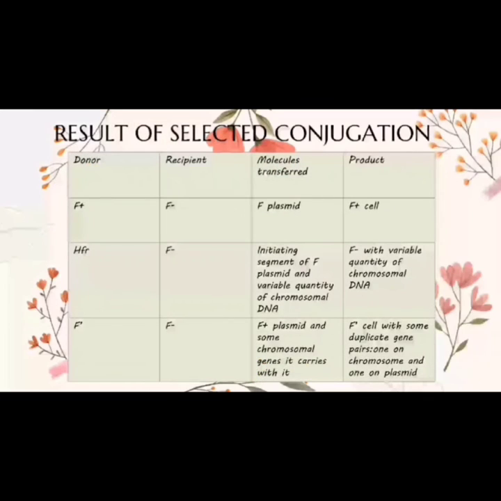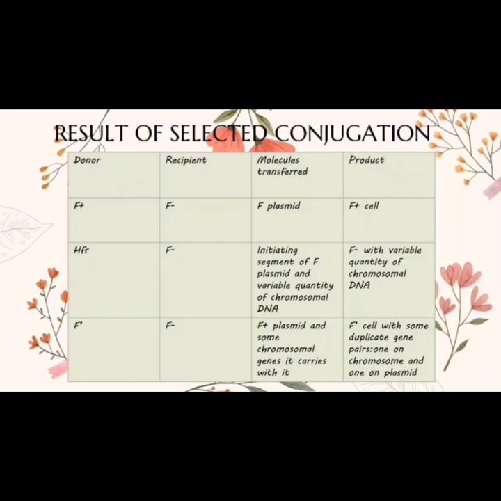If the donor is F plus and the recipient is F minus, the molecule that is transferred is the F plasmid and the product is an F plus cell. If the donor is Hfr and the recipient is F minus, the molecule that is transferred is the initiating segment of the F plasmid and a variable quantity of chromosomal DNA, and the product is F minus with a variable quantity of chromosomal DNA.